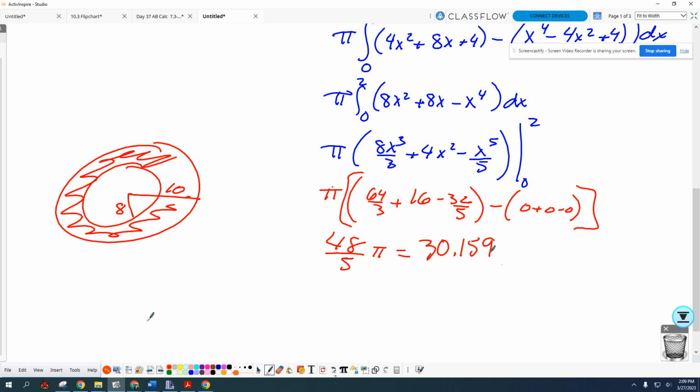Okay, so if this was actually drawn to scale, a radius of 2 is right in there. The area of that little tiny circle is not going to make up all of that outside.